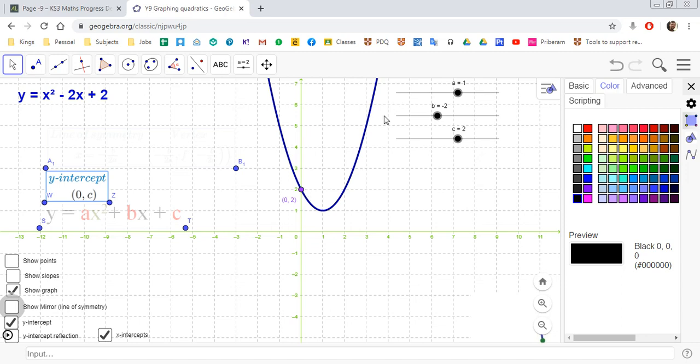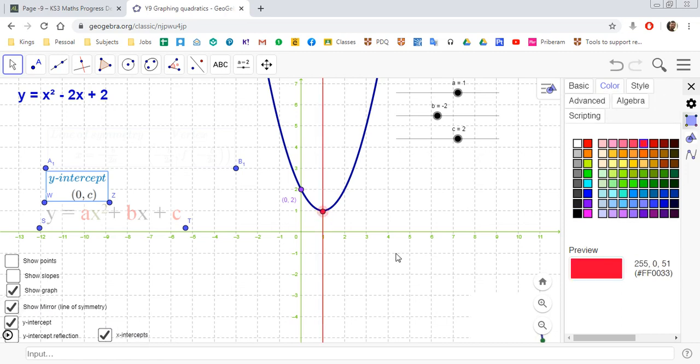Okay. So we discussed the y-intercepts and also the x-intercepts. We discussed the line of symmetry and the vertex. And these things are very clear to see when we have our graph.